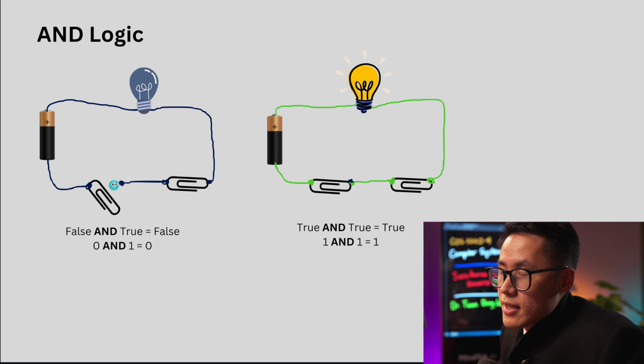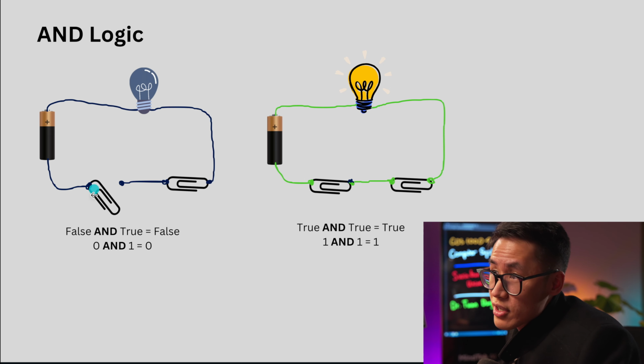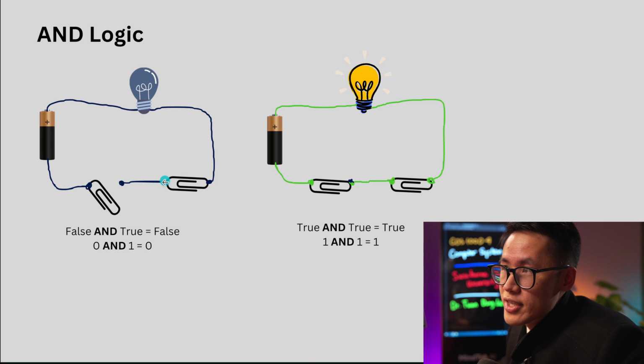Okay, so let's say this clipboard is not connected. So I would say this clipboard is false. Whether it is connected, I would say this one is false. And this is true because it is connected. So I can represent this whole thing, this whole design, by writing false and true.